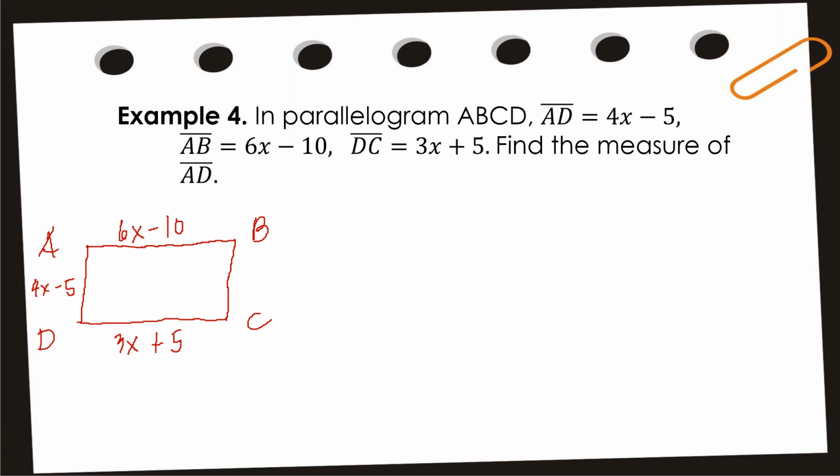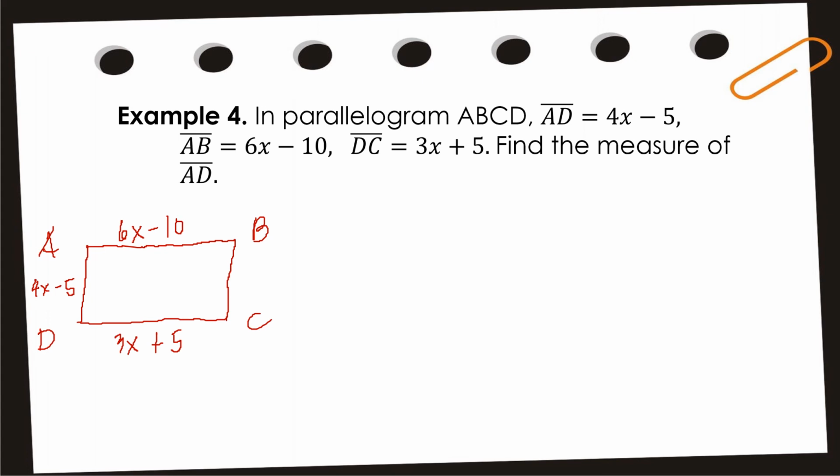We can use the first property, which says that in a parallelogram, opposite sides are congruent. Side AB and side DC are opposite sides. If ABCD is a parallelogram, it means that AB is congruent to DC.